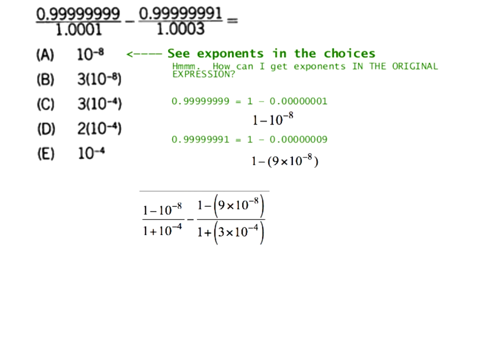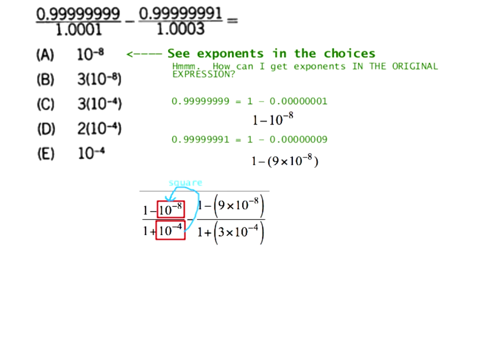You're going to use exponent rules, yeah. This is the square of this. Perfect squares: if you square this, then you get that.